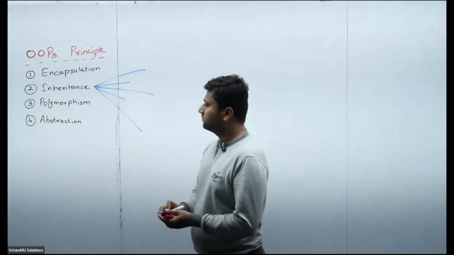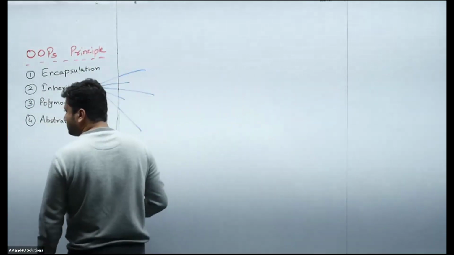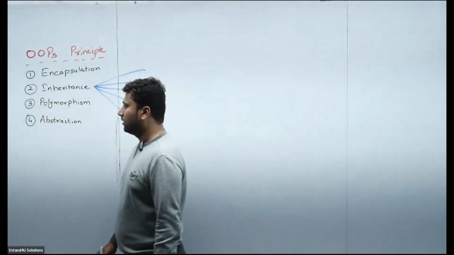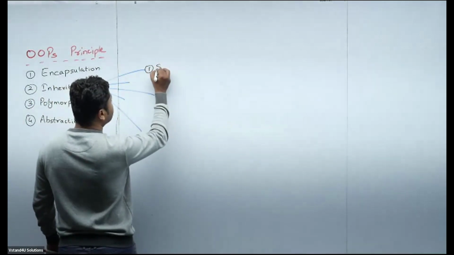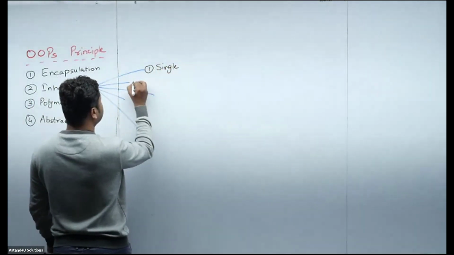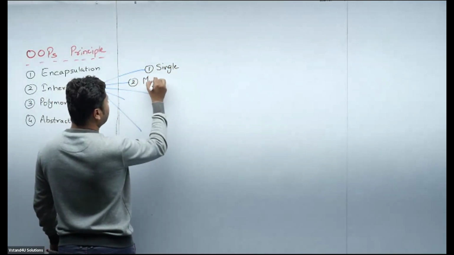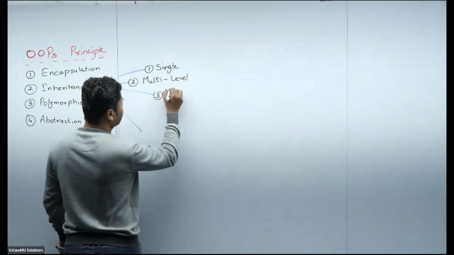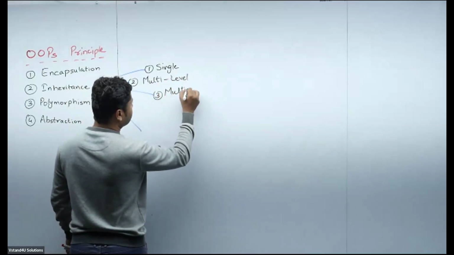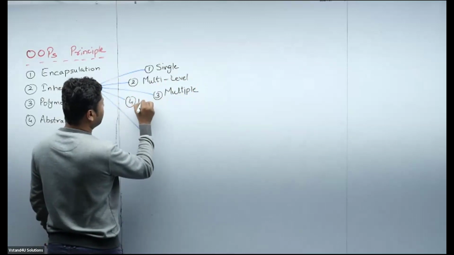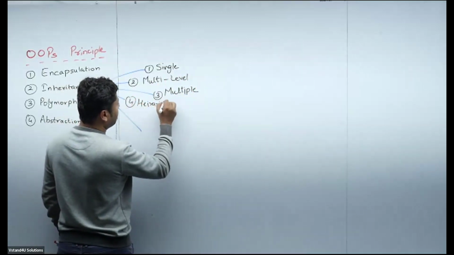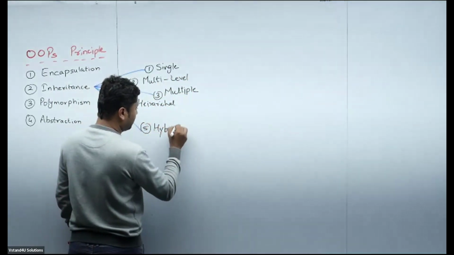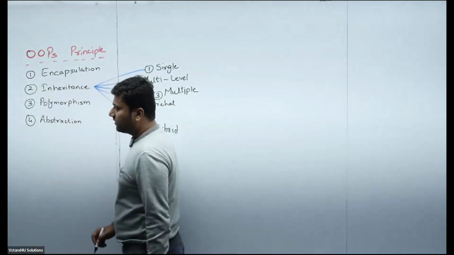How many types are there? Inheritance types. Start with me. Single, multi-level, multiple, fourth one hierarchical, fifth one hybrid. One more is there, which is conceptual.